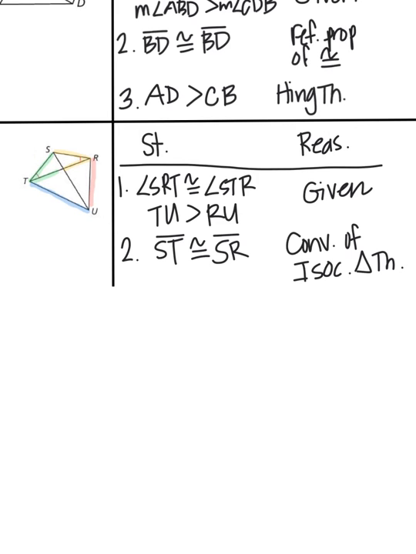And after I know that, then what I've established already is that I've got this side and this side of the larger triangles that are congruent. And now I want to show that this side, through the reflexive property, is congruent to itself. So I'm going to say that SU is congruent to SU, and that is the reflexive property of congruence.